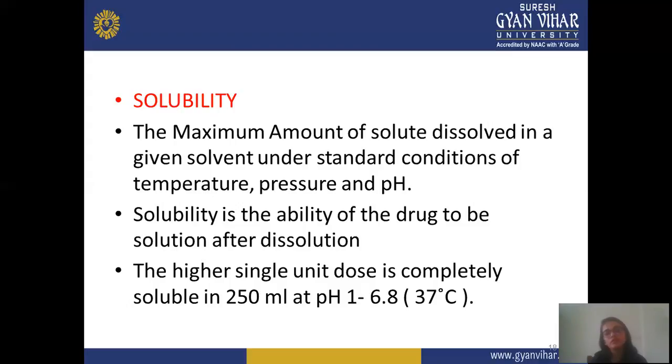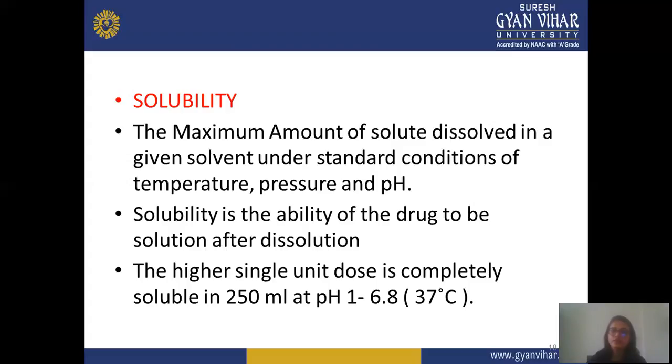And solubility depends on conditions like temperature, how much pressure is applied, or pH condition. Hence you calculate how easily it gets dissolved at a given temperature, pressure, and pH, and you calculate the ability of that particular drug to solubilize or dissolve in a solution.